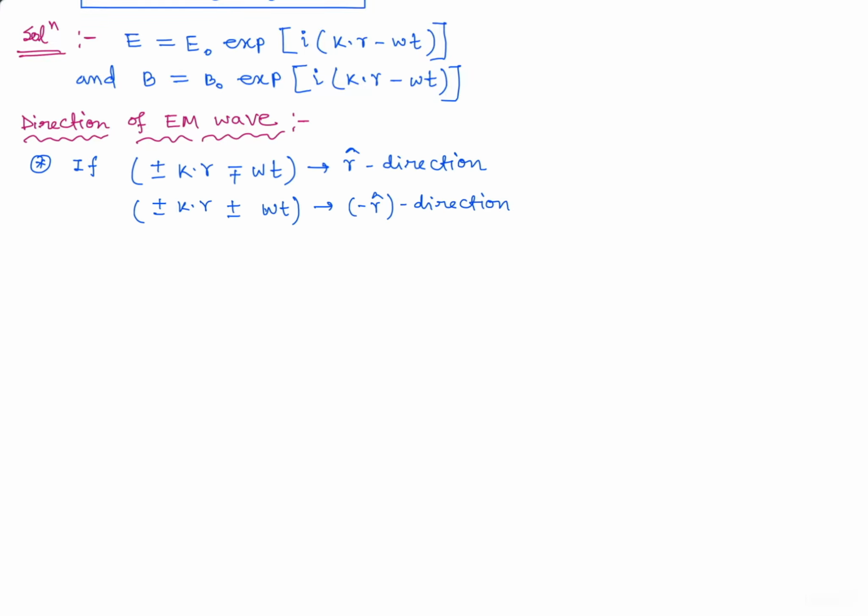In the exponential term, if k dot r and omega t have different signs, then propagation will occur along plus r cap. And if k dot r and omega t have the same sign, then the wave will go along minus r cap direction.